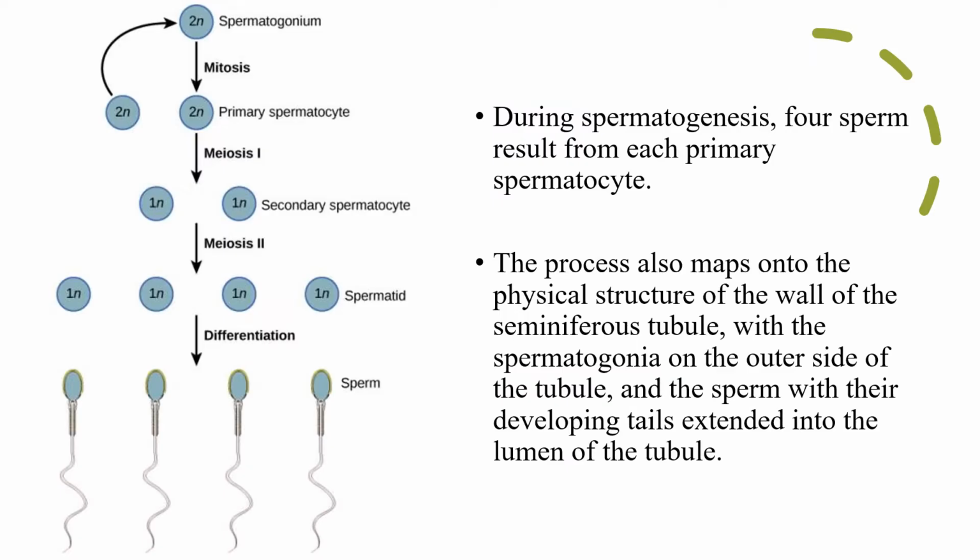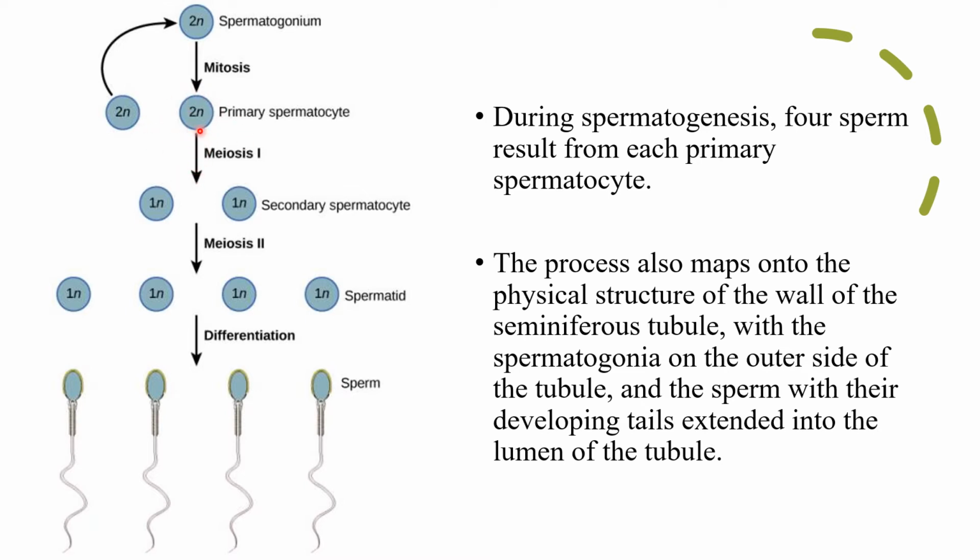So during spermatogenesis, 4 sperm result from each primary spermatocyte. The process also maps onto the physical structure of the wall of the seminiferous tubule, with the spermatogonia on the outer side of the tubule and the sperm with their developing tails extended into the lumen of the tubule. Again, the spermatogonium will undergo mitosis to produce primary spermatocytes.